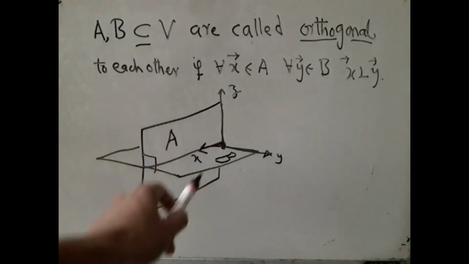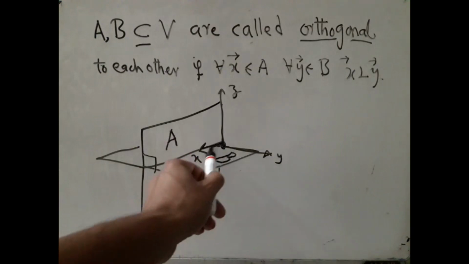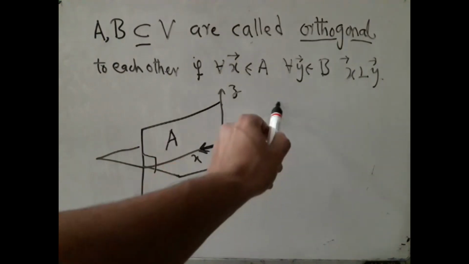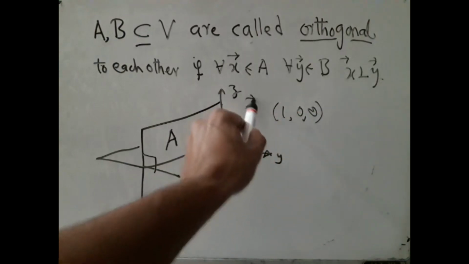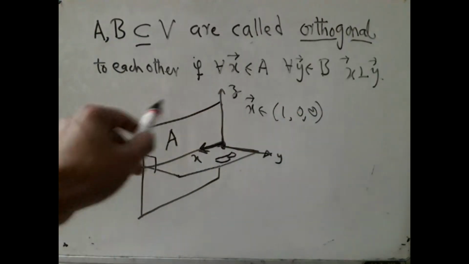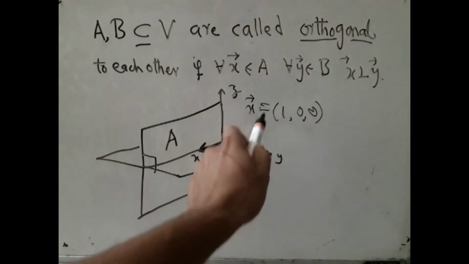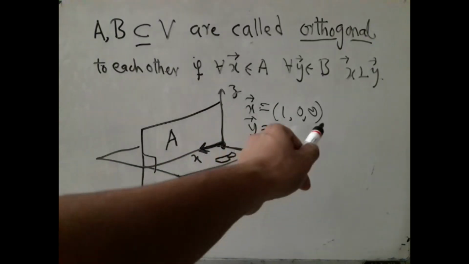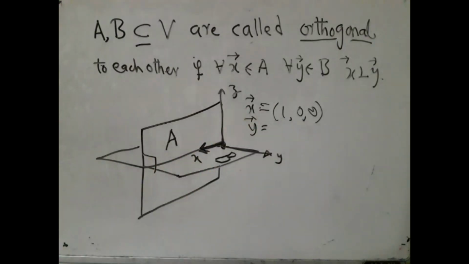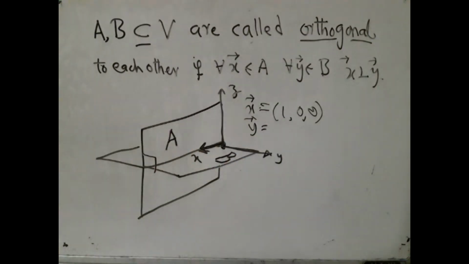In fact, these two sets are not orthogonal because I can take this vector, which is basically 1, 0, 0, as my x. This is in A, and I can also take the same vector as my y, because it is also in B. Obviously, this is not orthogonal to itself because the inner product of this with itself is 1 and not equal to 0.